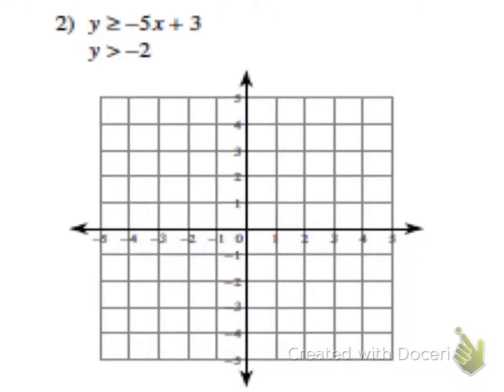Moving on to the next problem. Again, both my lines are in slope-intercept form, so that is nice. This first line, my slope is -5. My y-intercept is 3.